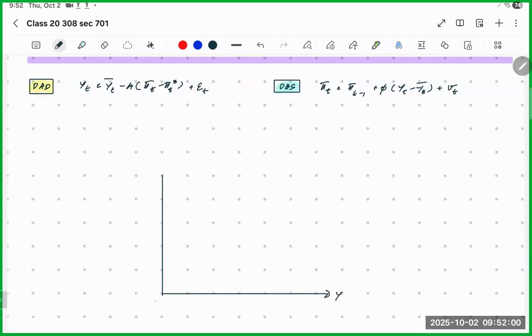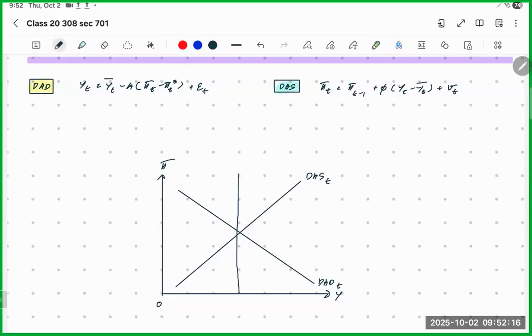We have Y on the horizontal, pi on the vertical. We have dynamic aggregate demand, DAD at time t, and dynamic aggregate supply, DAS at time t. And then I bring down the long run aggregate supply, LRAS.